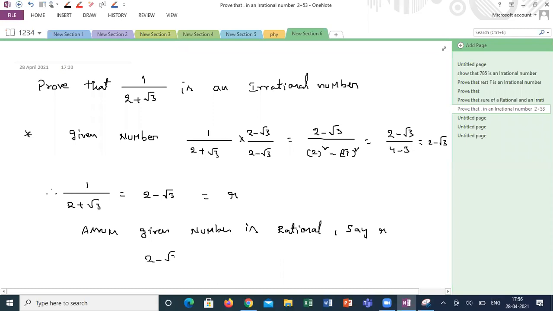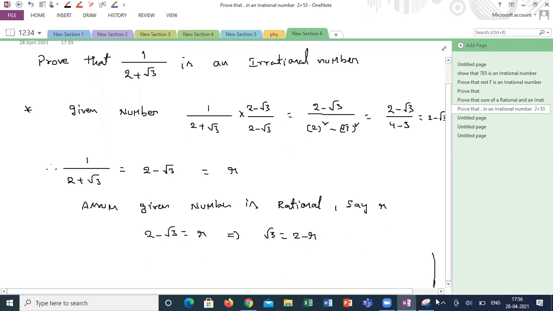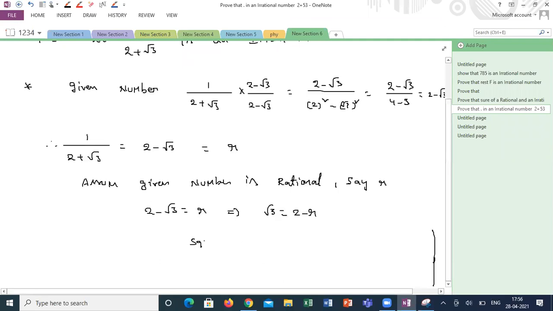So 2 minus root 3 is also equal to the given number, which equals r. From here root 3 can be written as 2 minus r. Square on both sides. 3 is equal to 2 minus r whole square. This will give 4 plus r square minus 4r.